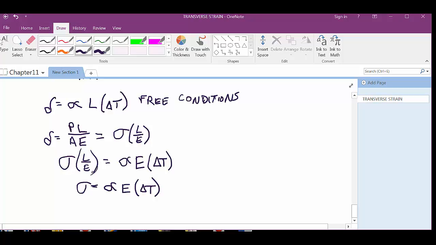So yeah, we just got rid of the length over the modulus here. That's what we were doing, multiplying both sides. So this is the one.